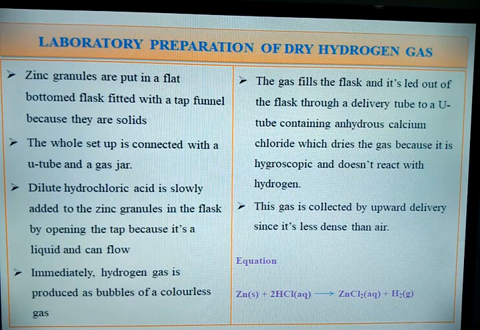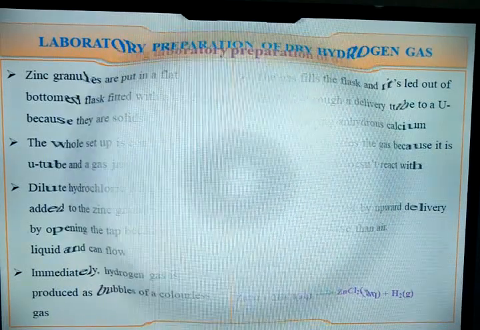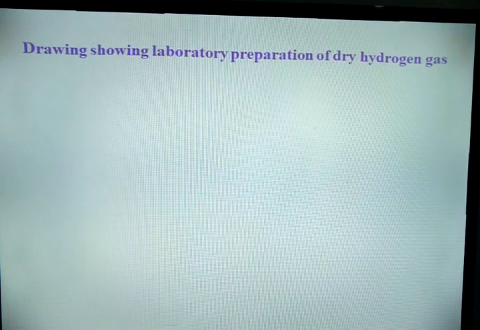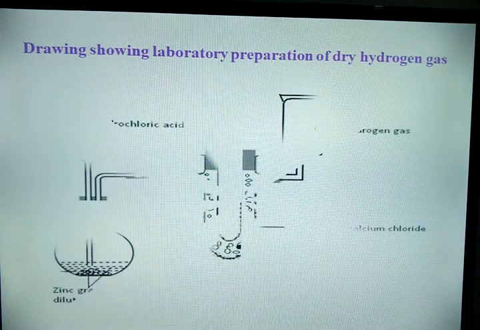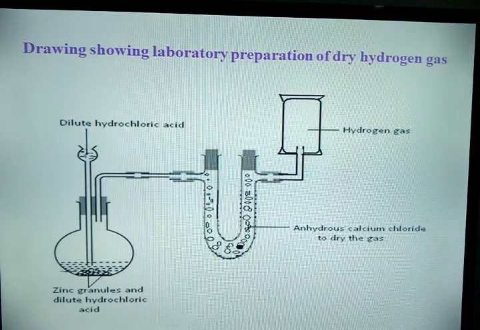With what we've described here, we can come up with a drawing which shows how we can prepare dry hydrogen. The drawing should involve a drying agent. Like we've said, put dilute hydrochloric acid in a tap funnel, allow it to enter zinc granules such that the reaction occurs.